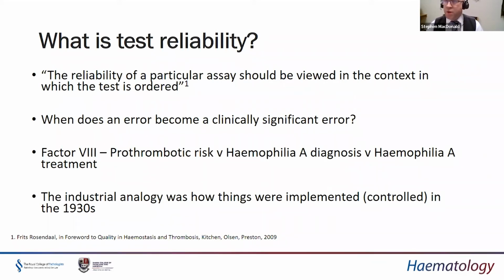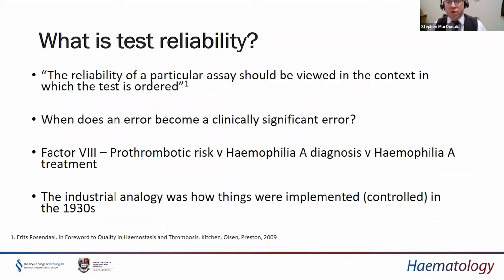Very rarely it can be used as a predictor of prothrombotic risk. If you get a factor VIII level of greater than 150, 200% of normal, you're at an increased risk potentially of having a thrombosis. But more commonly, we'll use a factor VIII for things like hemophilia A diagnosis, or once we've diagnosed hemophilia A patients, treatment of those patients by monitoring replacement therapy.